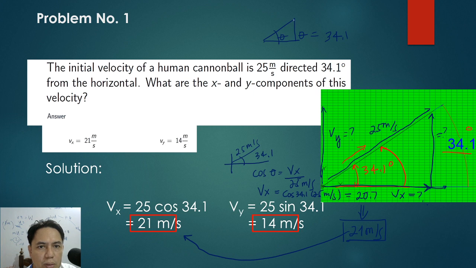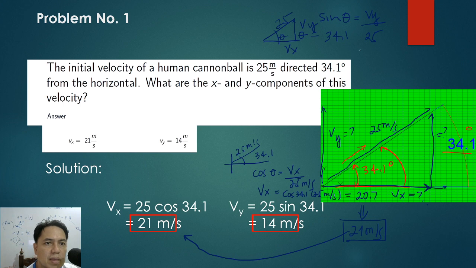If we're going to get the vertical component, our function should be sine, right? Sine theta equals the opposite, which is v sub y, over the hypotenuse, which is the 25. A while ago we already solved the v sub x.